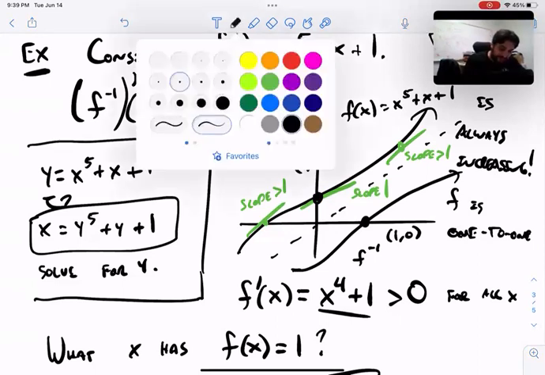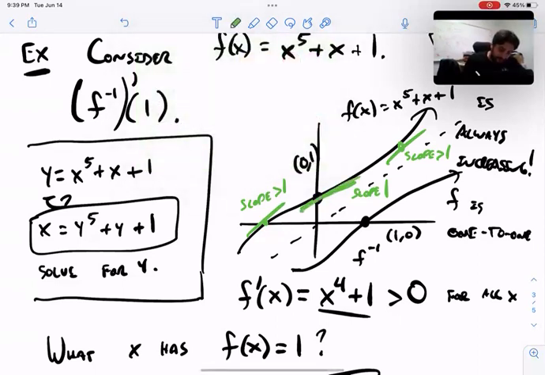And since I had slope 1 over here, it would actually still be slope 1 over here. Slope 1 is the one slope that is its own reciprocal, well, or negative one. Slope 1 and -1 actually equal their own reciprocal, so they stay the same slope when you reflect across the line y equals x. So you get slope 1 at 0, 1 for f. You get slope 1 at 1, 0 for f inverse. So there we go.